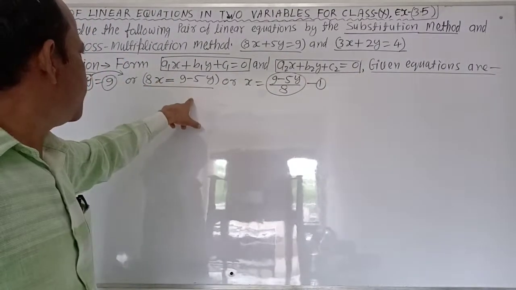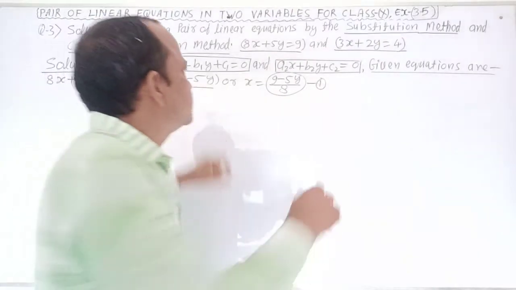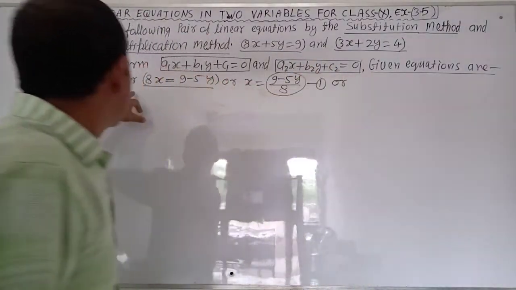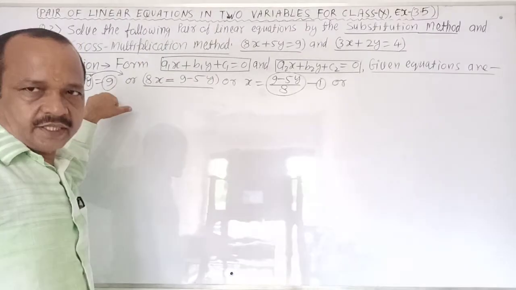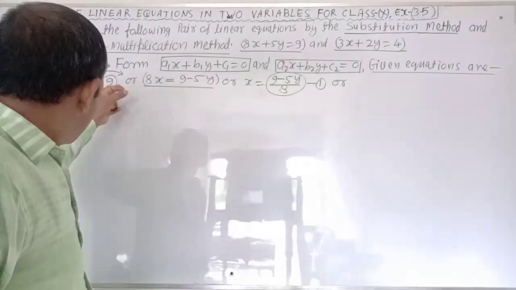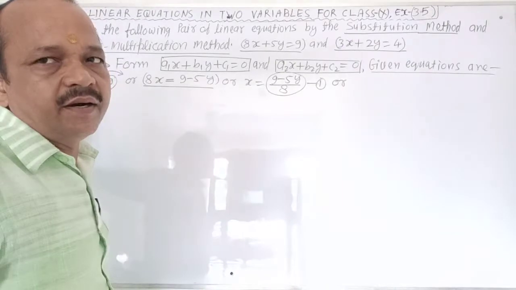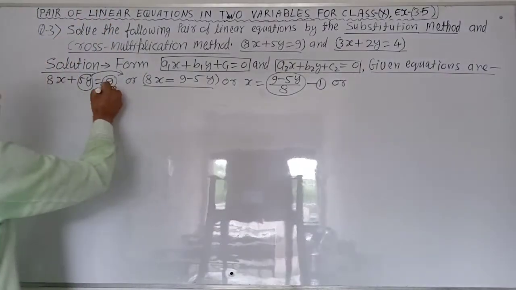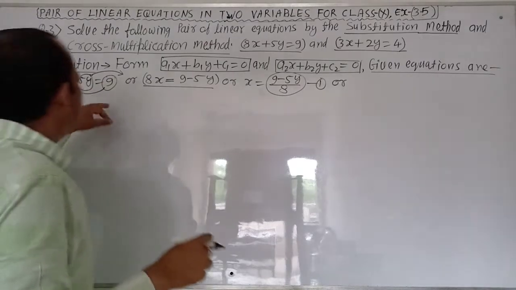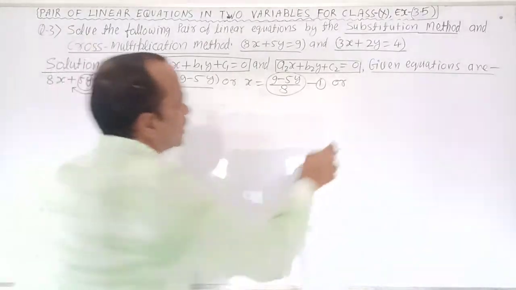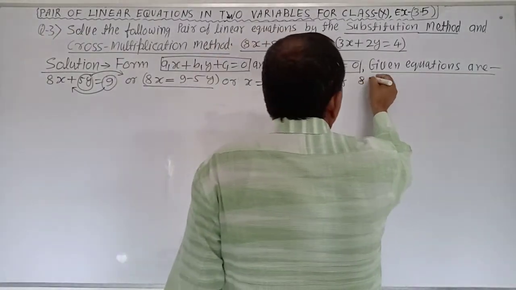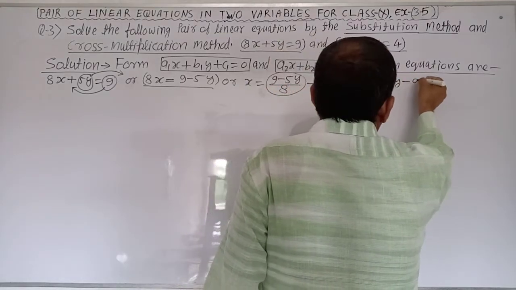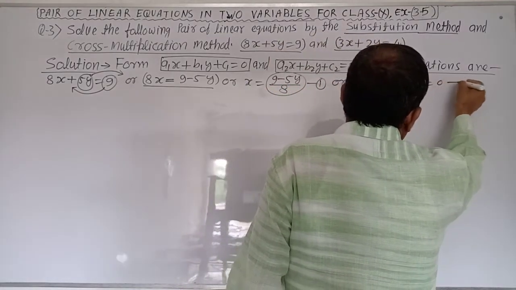Or here you can write 9 on the left side of equal. Clear? Left side of equal, or 8x plus 5y minus 9 equal to 0.